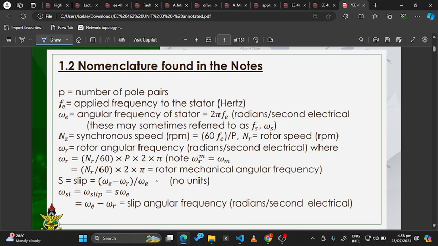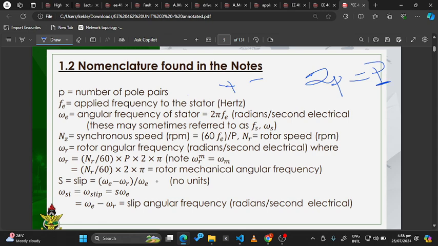These are some variables, or some conventions, we are going to see in the slides, and we want to know what they stand for. If you see small p like this, it stands for pole pairs. You know from the synchronous course that 2 times small p is equal to capital P, which is the total number of poles.